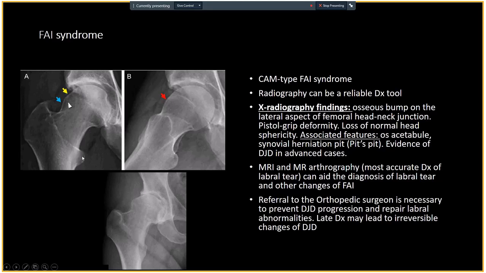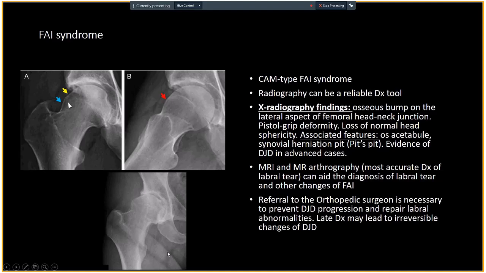Of course, more accurate measurements can be performed, and I'll show you that in a minute, but typically demonstrating that osseous dysplastic bump is very effective, especially with 15-degree internal rotation. If you find that feature, sometimes that cam type and also pistol grip, which is a little bit more flat but also increased fullness in that area, pistol grip deformity, you should suspect femoroacetabular impingement syndrome.